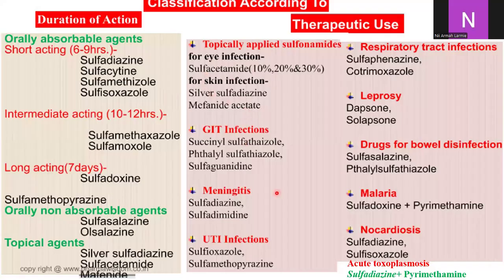If it's localized, we could use the orally non-absorbable ones, and those are preferable because of side effects. Then if it is systemic, like meningitis, then we could use the orally absorbable ones. Urinary tract infection, we will also use the orally absorbable ones.